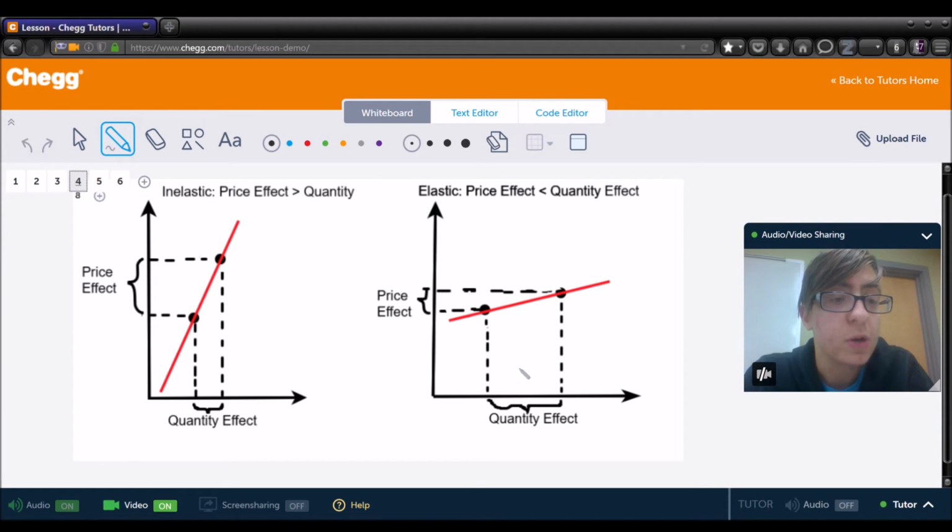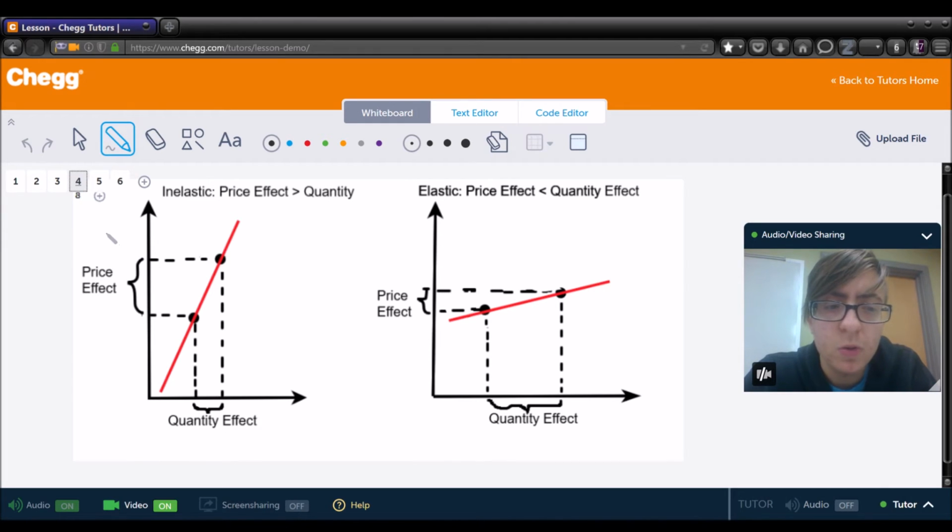So the more horizontal a line is compared to others, that would mean that line is more elastic than the line that is less horizontal. Similarly, if you're asked which line is more inelastic, whatever one is more vertical will be more inelastic than the one that is less vertical.